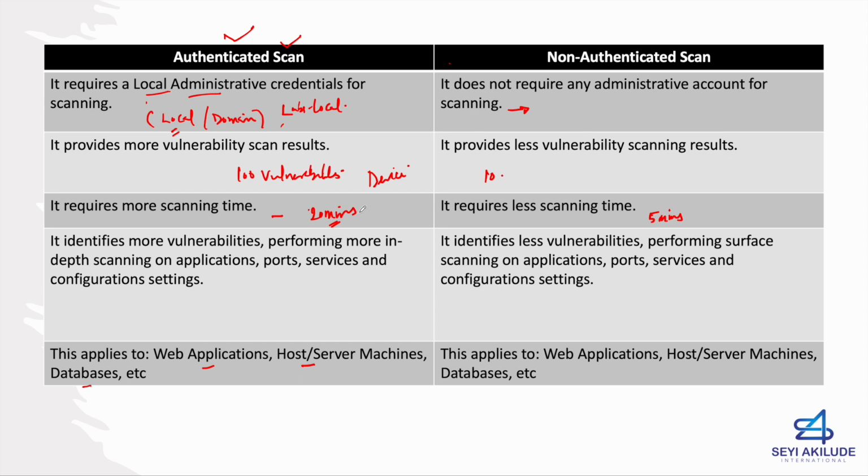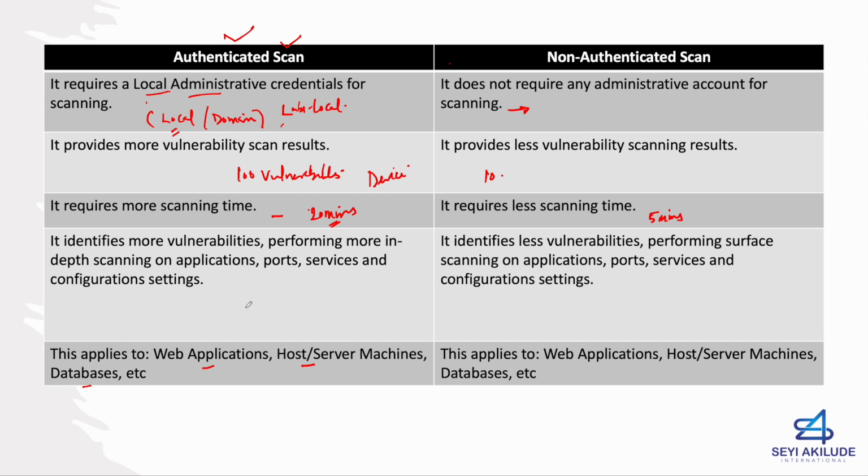And the core reason why you're doing this is because you want to have full visibility into the vulnerabilities that a particular asset might have. Because if you run a non-authenticated scan, you will definitely be overlooking some vulnerabilities because you're not running an in-depth scan, and a threat actor could leverage that. Probably they were able to steal some credentials, and then they run an authenticated scan against your environment. They'll be able to find more vulnerabilities.